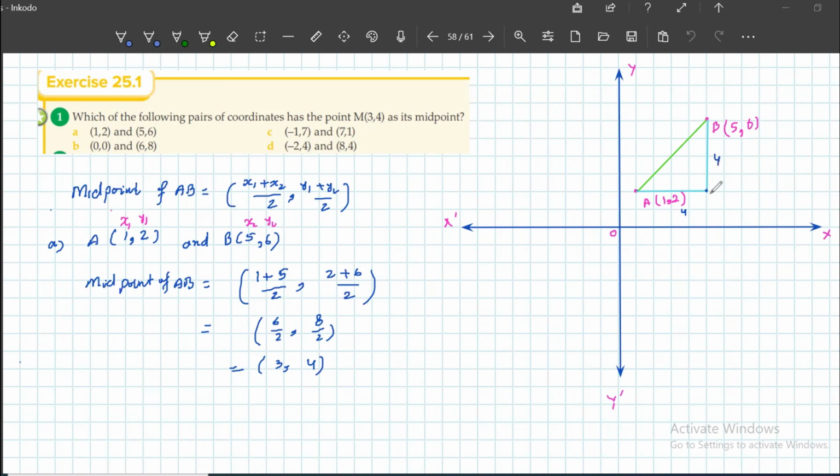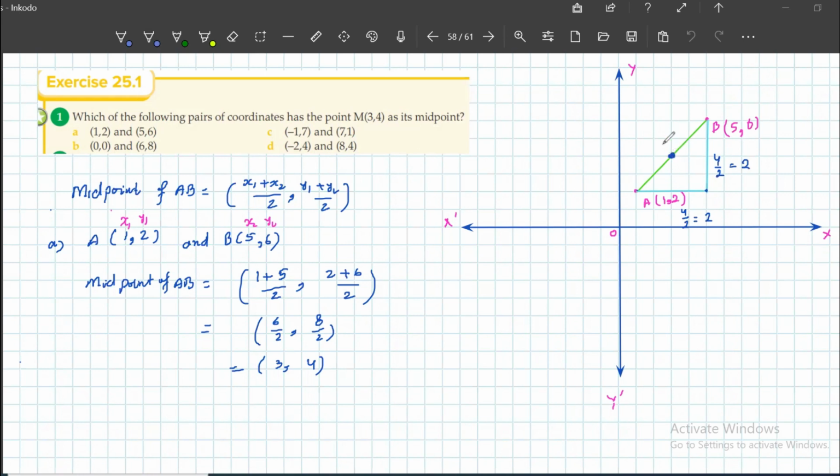We take half of the horizontal distance, which is 4 over 2 gives us 2, and half of the vertical distance, which is also 2. That means from A we have 2 units right and 2 units up. That is our midpoint.